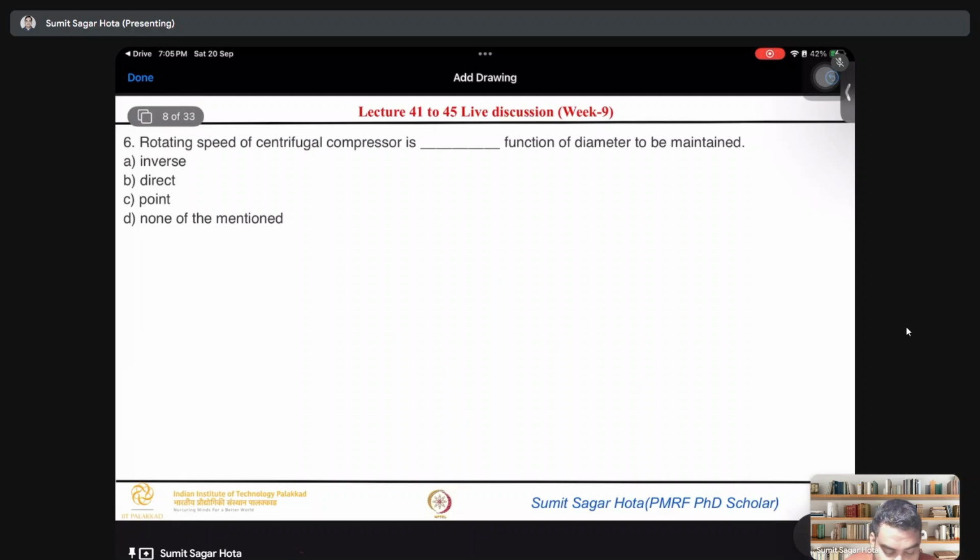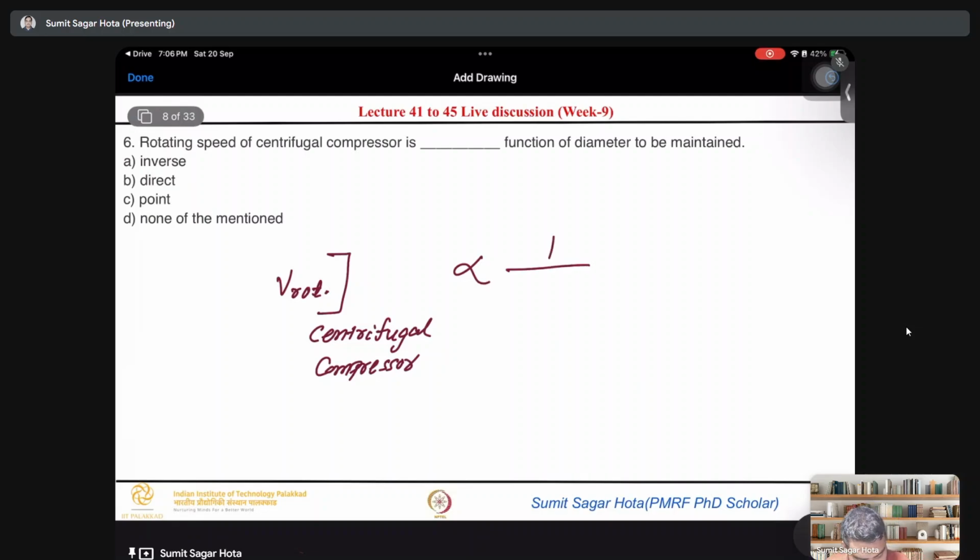The rotating speed is always inversely proportional to the diameter of the centrifugal compressor, that is, proportional to 1 by diameter. So the answer is A.